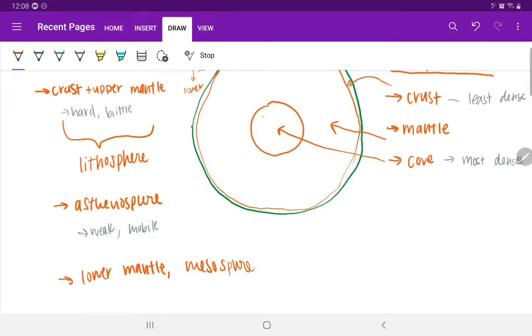But there's also pressure. As you go deeper into the earth, the weight of the rock above it can apply a very crushing pressure. And this pressure counteracts the temperature. So increasing temperature makes the rock more liquidy, but increasing pressure makes it more solid.